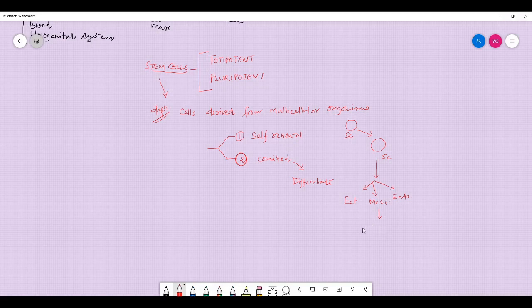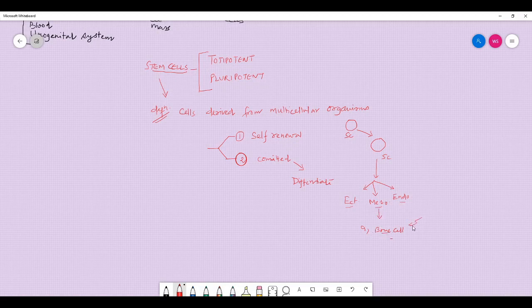Let's take an example and say it becomes a bone cell. So stem cells have two properties. They can divide to themselves, or they can choose a particular fate. They can become an ectodermal cell, a mesodermal cell, or an endodermal cell. For example, they can become a bone cell.